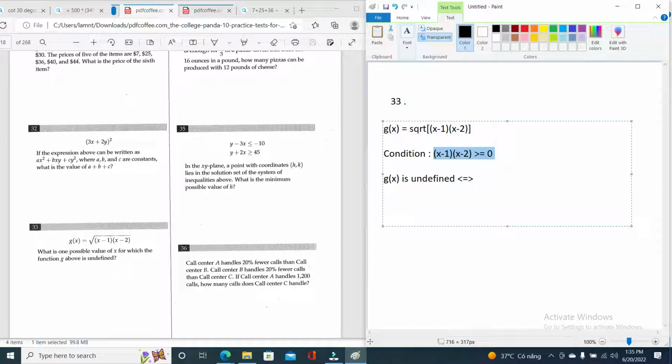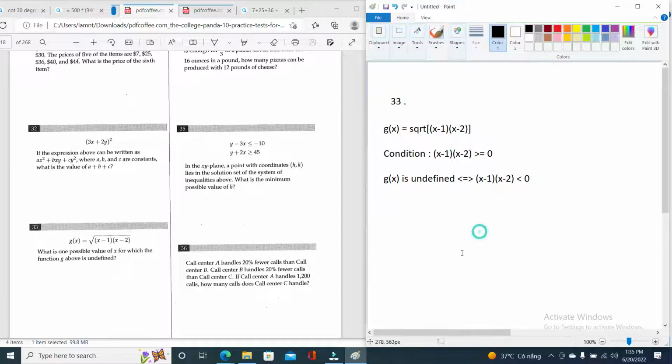When the condition is violated, this is going to be a smaller sign. So let's make a table of signs so we can evaluate this product.